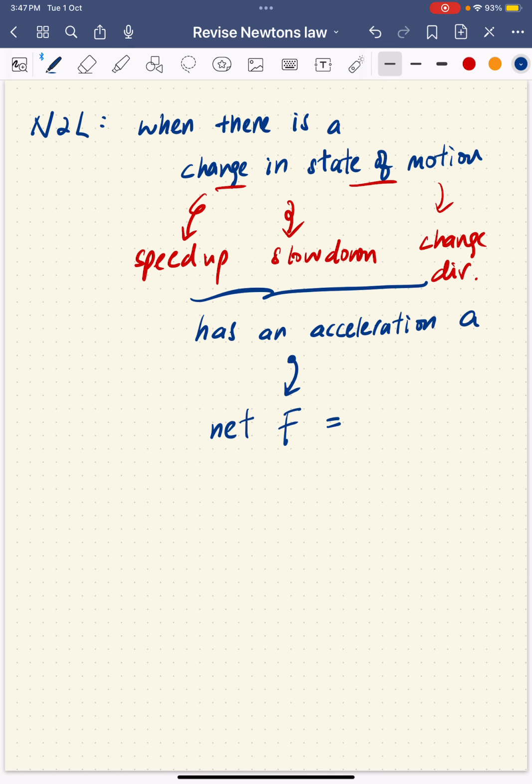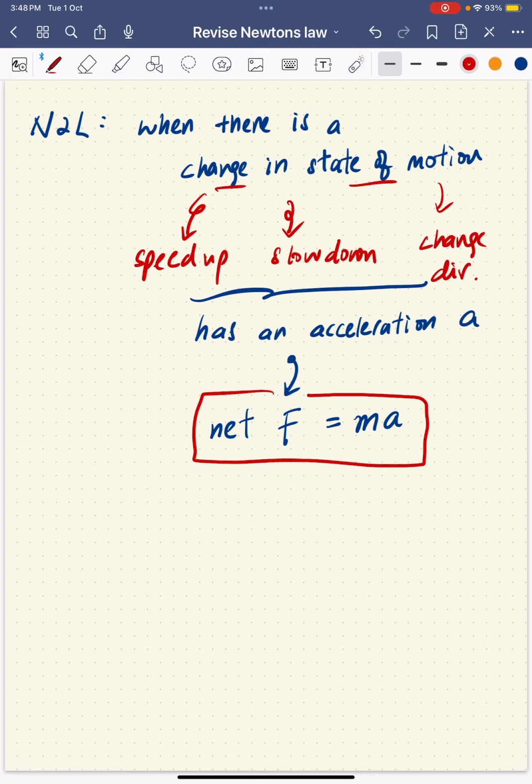Since we have the acceleration, the product ma is non-zero, and therefore the net force is non-zero. The magnitude of the net force is given by the product of the mass multiplied by the acceleration. So this is Newton's second law.